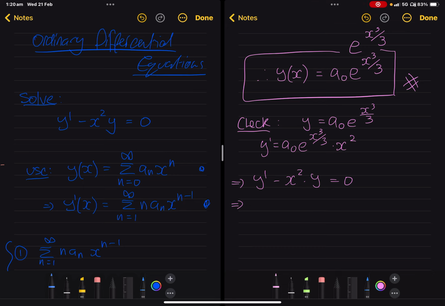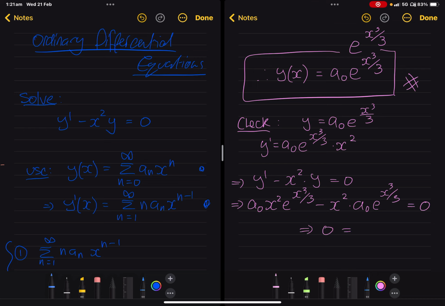This becomes a0 times x squared times e to the x cubed on 3 minus x squared times a0 times e to the x cubed on 3. Now these are the same. Their difference should equal 0.